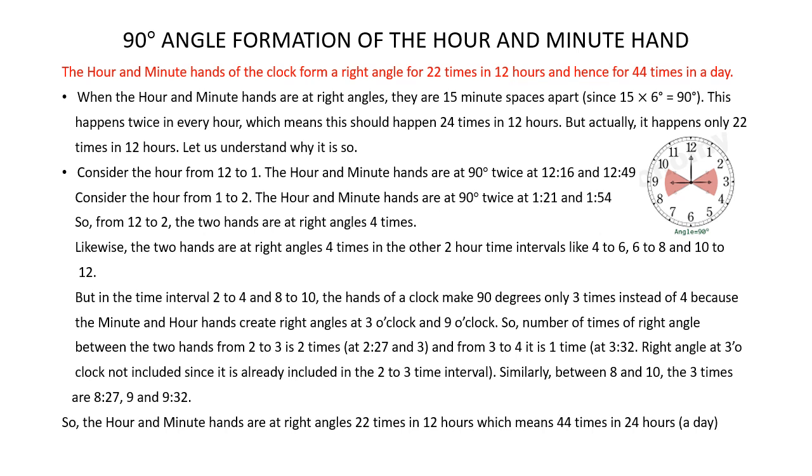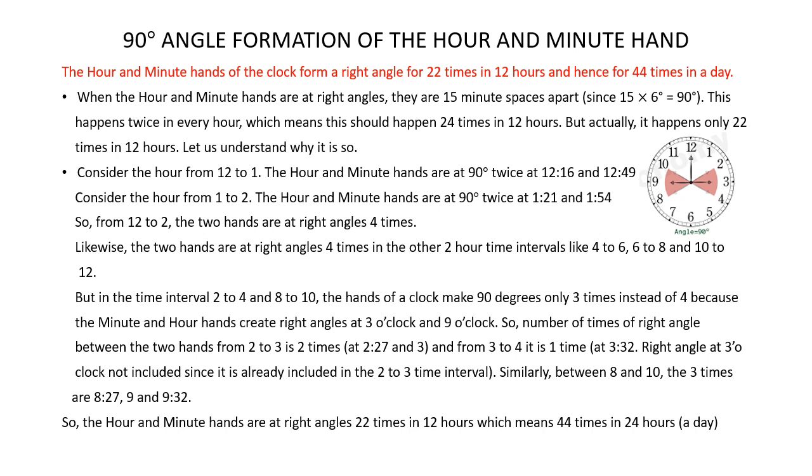Now we have found out that in the 2-hour time interval between 12 and 2, the two hands are at right angles 4 times. Similarly, the two hands are at right angles 4 times in the other 2-hour time intervals like 4 to 6, 6 to 8 and 10 to 12.